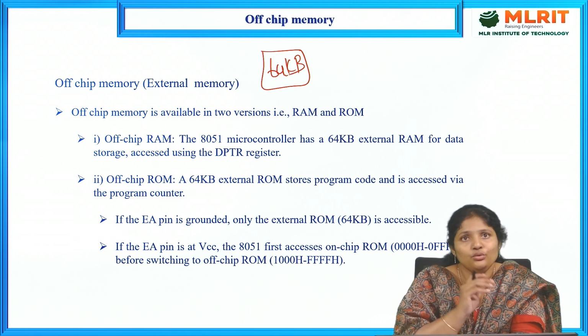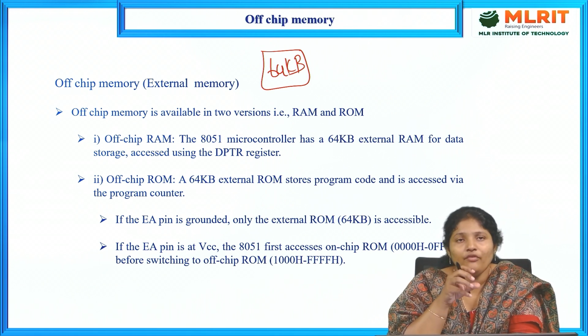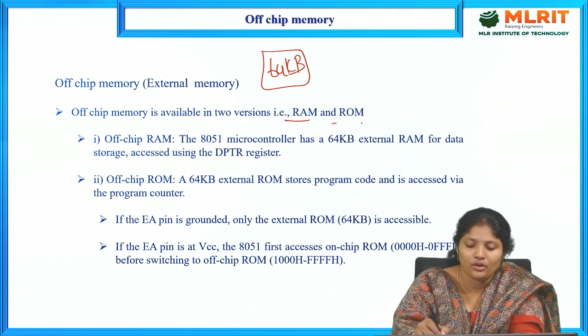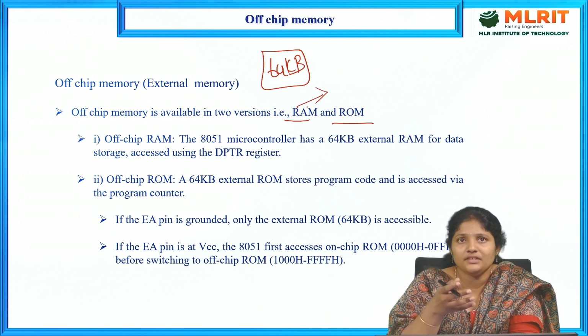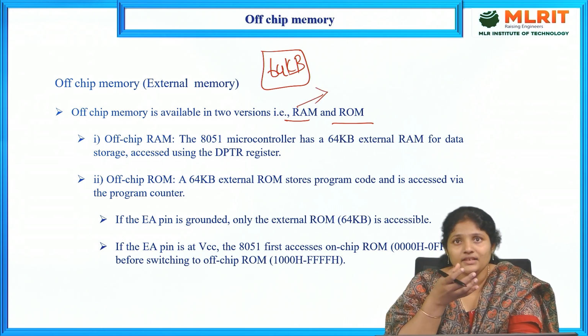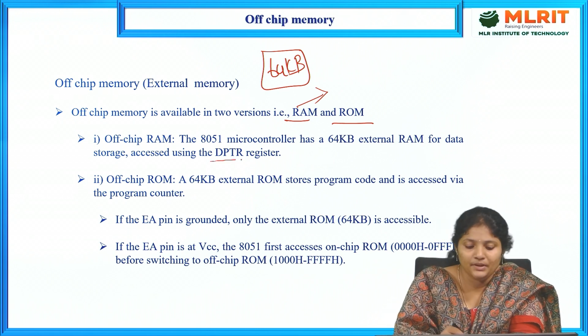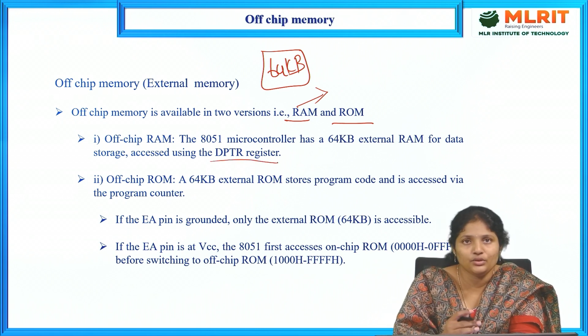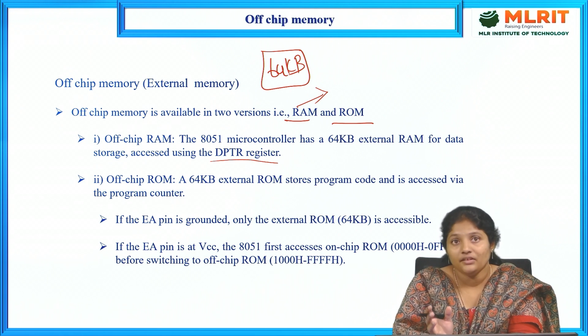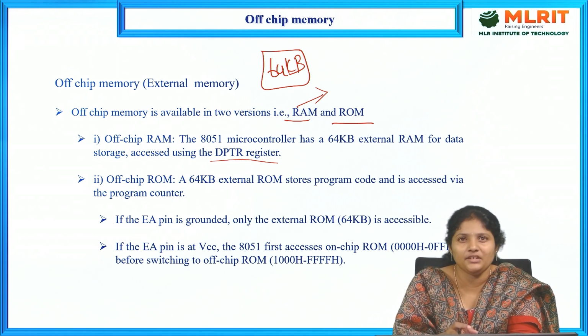There are two versions of off-chip memory, RAM and ROM. As I already told you, RAM is random access memory, so it can store data. To access external RAM, there is a 16-bit register, DPTR, the data pointer register. So to access the external RAM, we use this DPTR register.